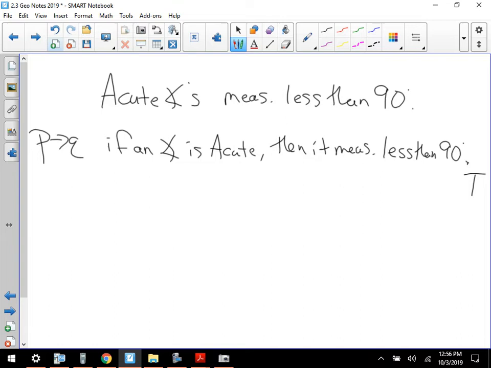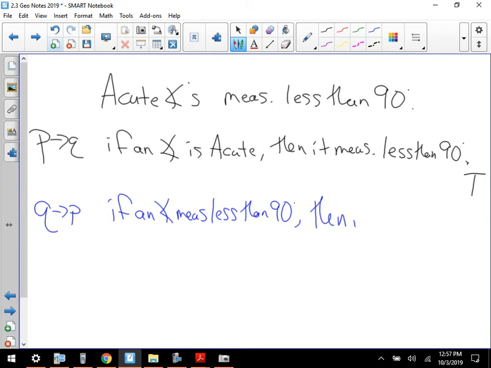Now, if I do the converse of that, we basically say that in reverse. Instead of if an angle is acute, then it measures less than 90, if an angle measures less than 90, then it is acute. Is that true?